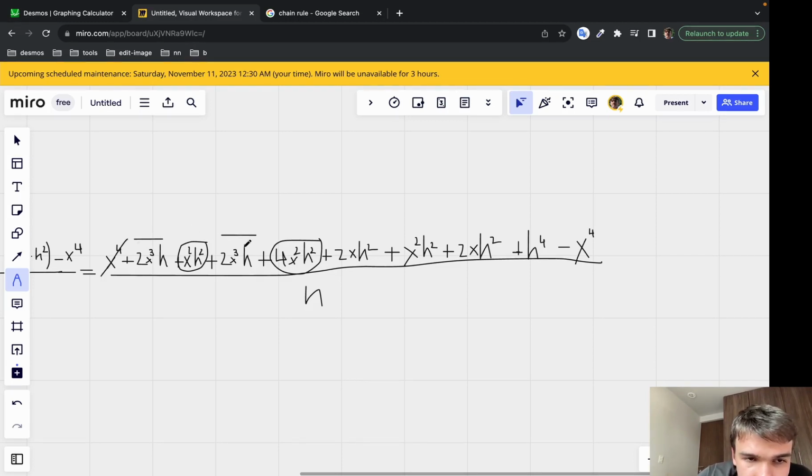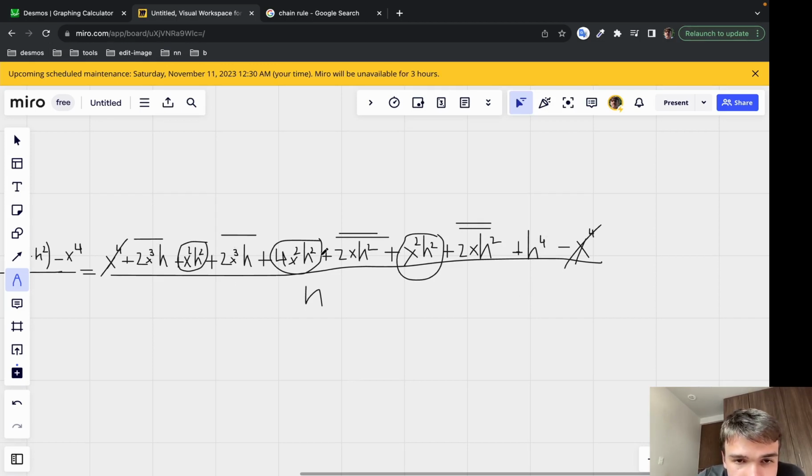So this one cancels with this one. Then 2xh squared. Yeah, and this one is also similar to this one. So we got three similar ones. So this one, and this one. And then this, I'll put it as two lines, as similar to this. And lastly, this is not similar to any of them.